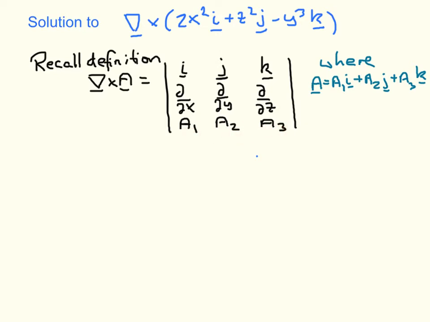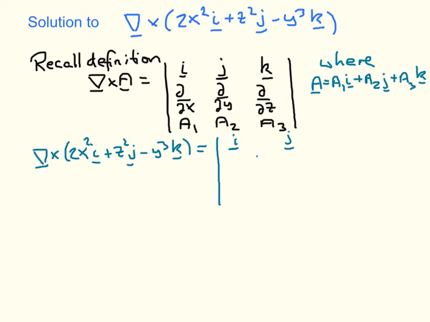So in the case at hand, to calculate the curl of 2x squared i plus z squared j minus y cubed k, we write out this determinant-like structure i, j, and k.